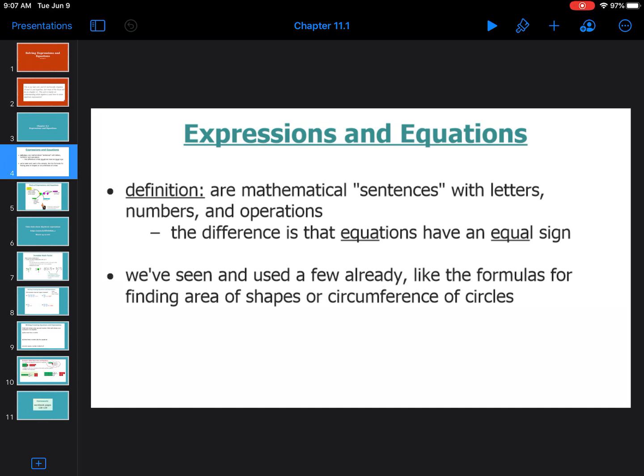Okay, so expressions and equations, the definitions: they're mathematical sentences that have letters, numbers, and operations. The difference is that equations have an equal sign.